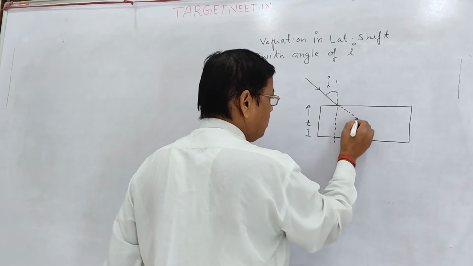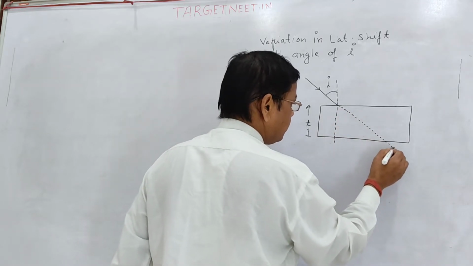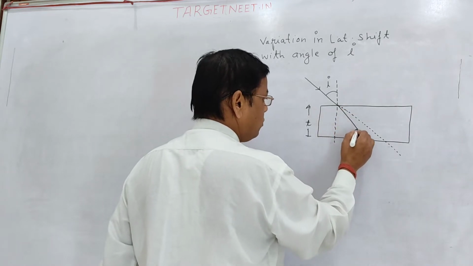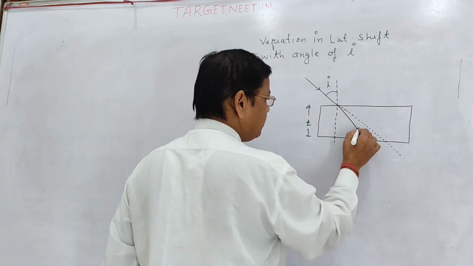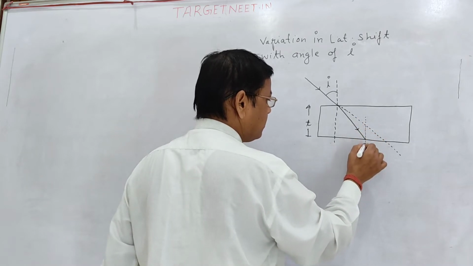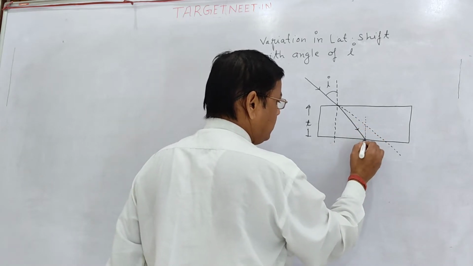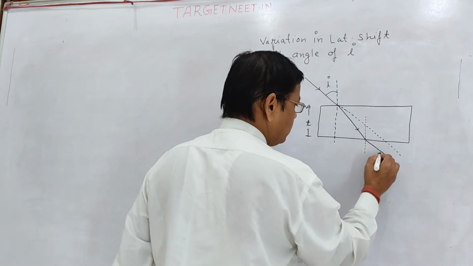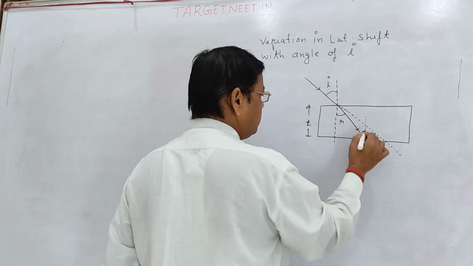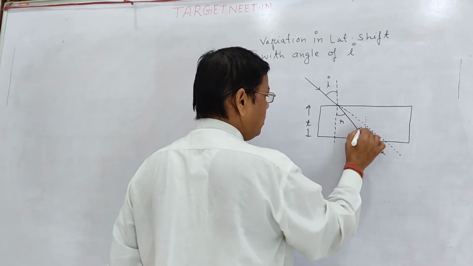This is the original path, but as it is entering into a denser medium, it will deviate from its original path. And then it comes out like this. So this angle is the angle of refraction. This angle will also be equal to the angle of refraction.